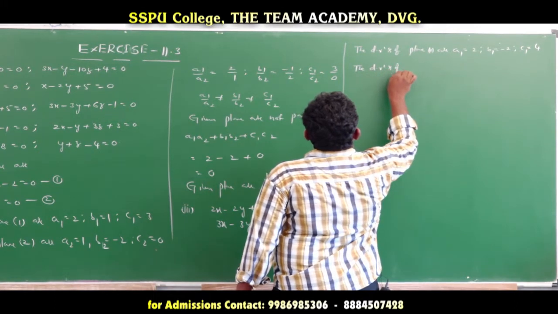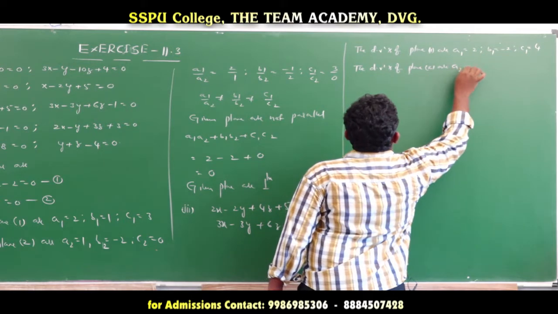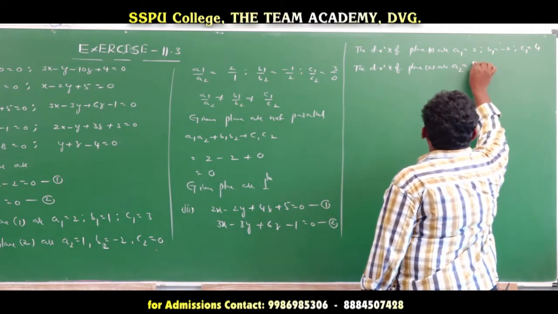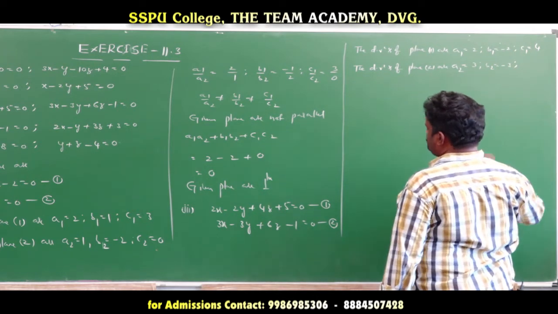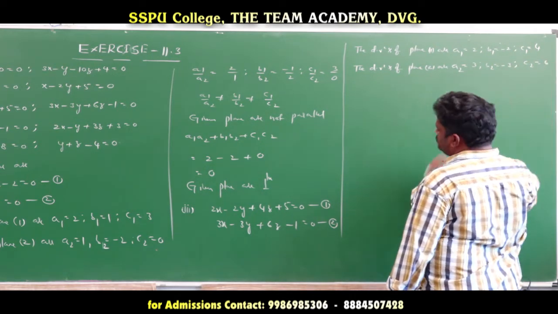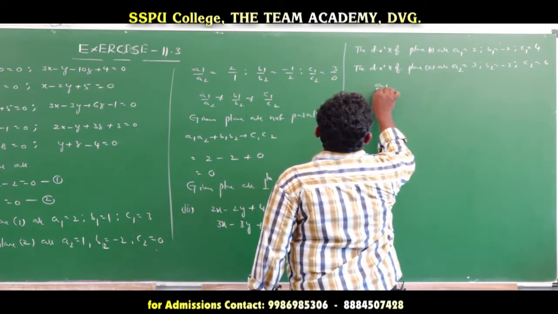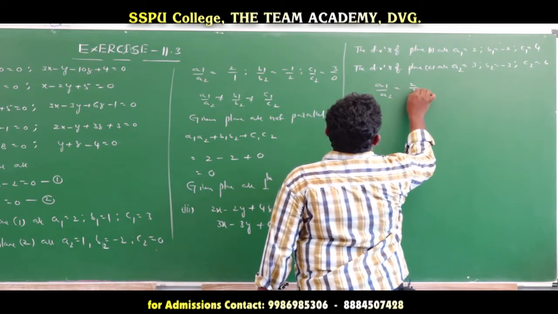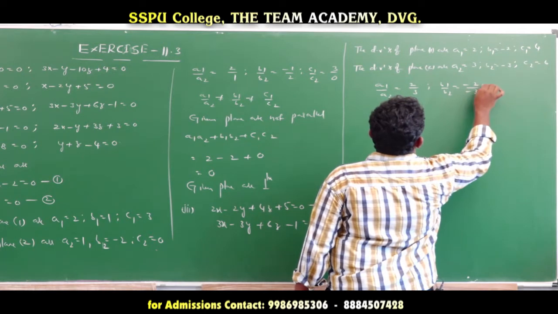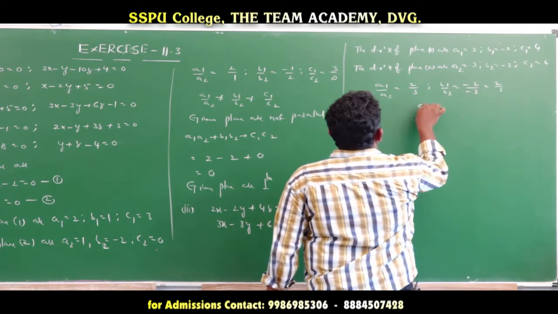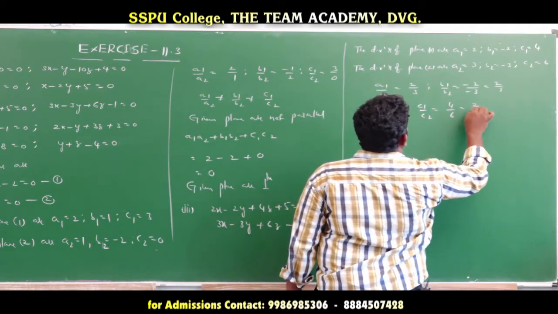The direction ratios of plane 2 are A2 equal to 3, B2 equal to minus 3, C2 equal to 6. Now if you verify the condition, the ratios A1 by A2 is equal to 2 by 3, B1 by B2 is equal to minus 2 by minus 3, that is 2 by 3, and C1 by C2 is equal to 4 by 6, that is equal to 2 by 3.